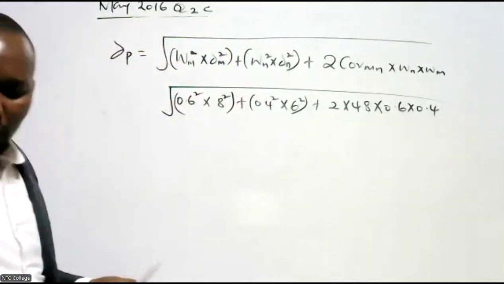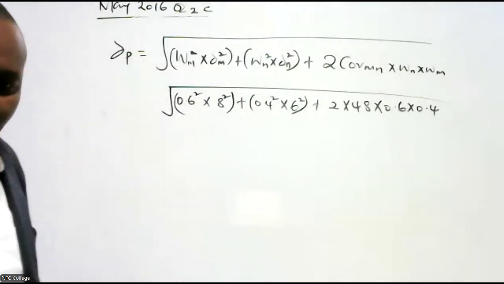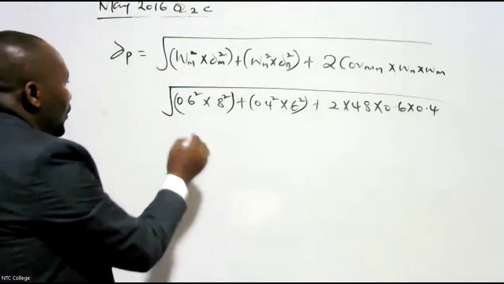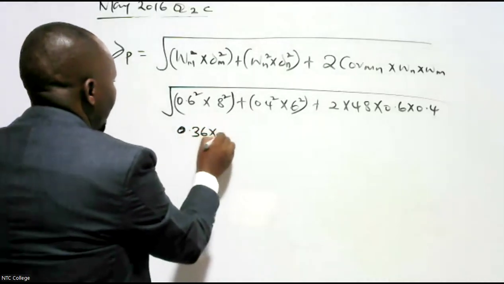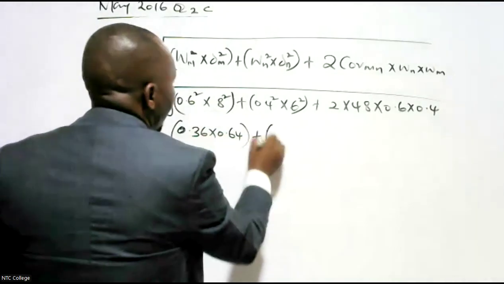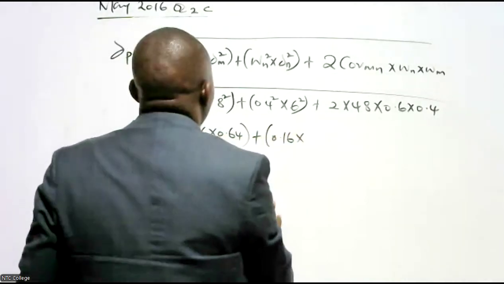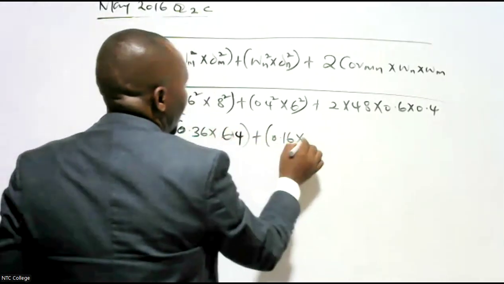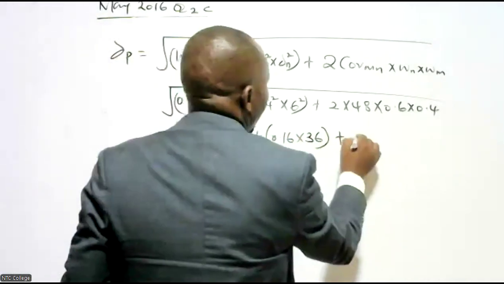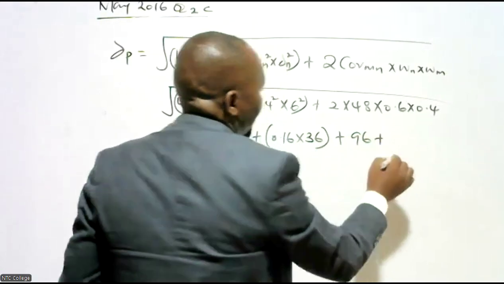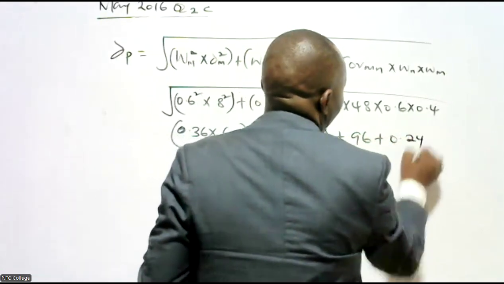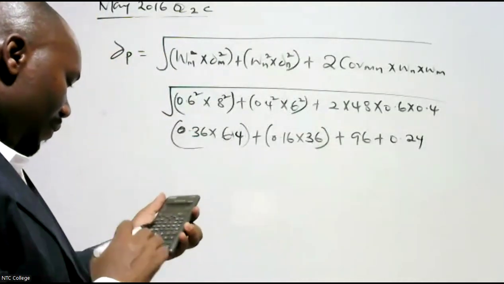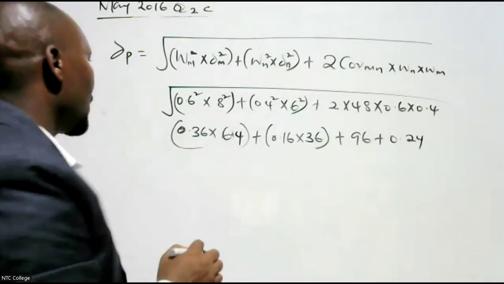So what are we getting here? This is going to be 0.36 times 64 plus 0.16 times 36 plus 96 times 0.24, where 0.6 times 0.4 is 0.24.